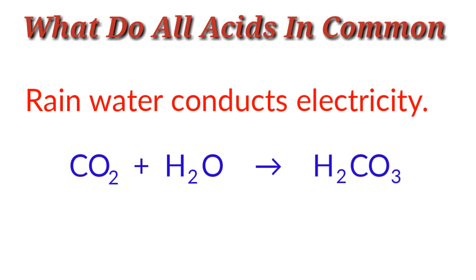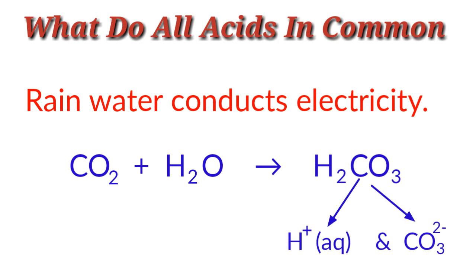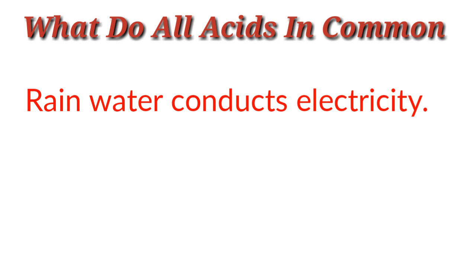This carbonic acid gives hydrogen ion and carbonate ion to rainwater. Due to the presence of these ions, the rainwater conducts electricity. The rainwater may also dissolve other gases such as sulfur dioxide, nitrogen dioxide, etc. to form acids, which also help it to conduct electricity.